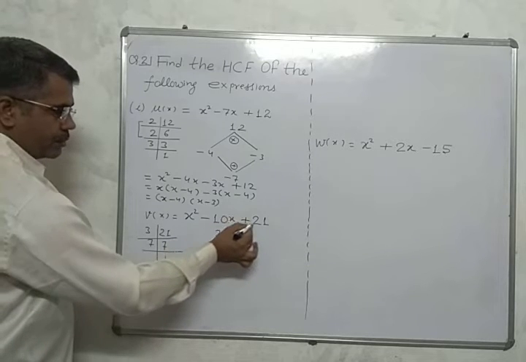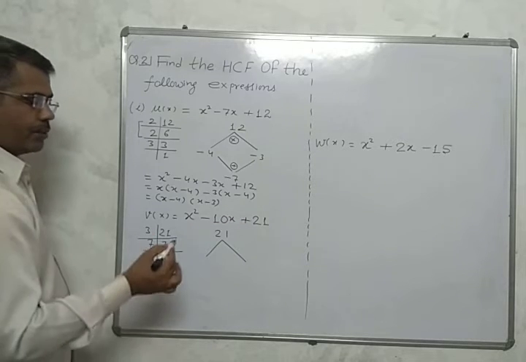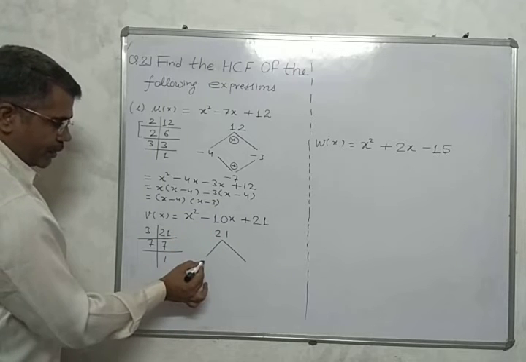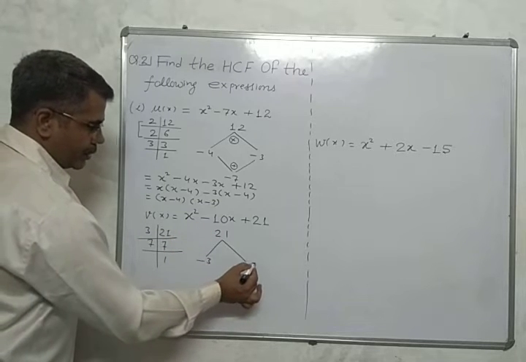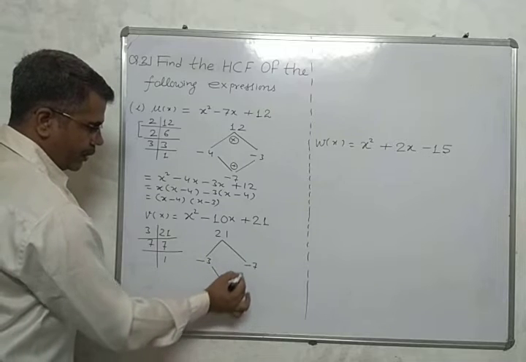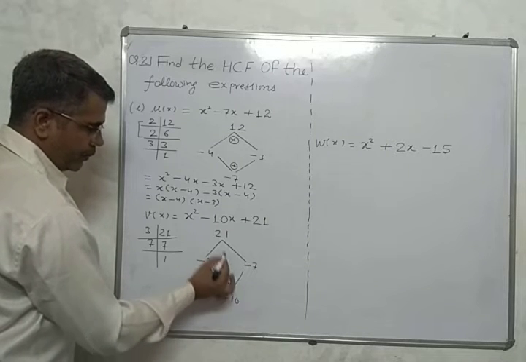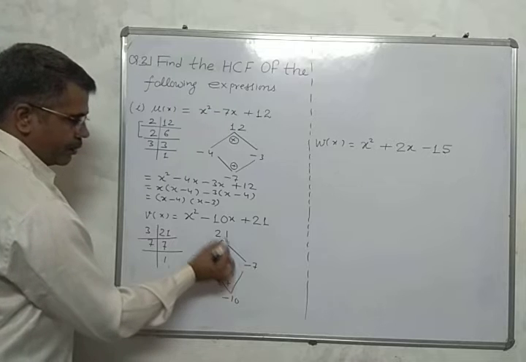Here the sign is also positive. Two numbers add to give -10. We take -3 and -7. If we add, we have -10, and if we multiply, we get 21.